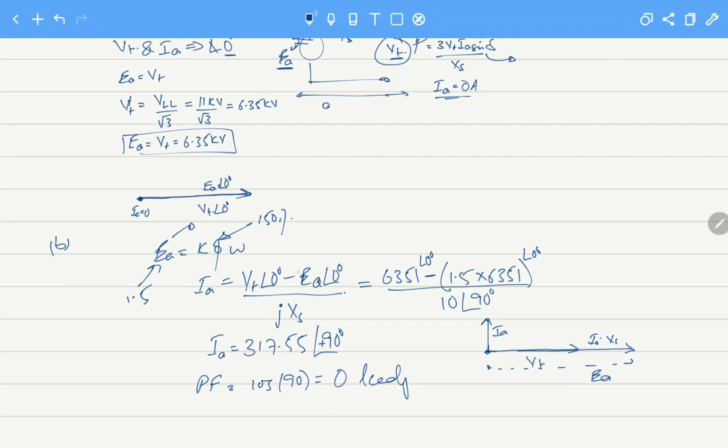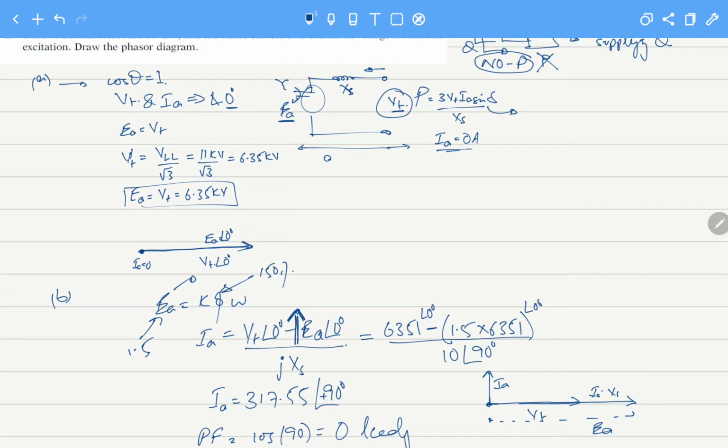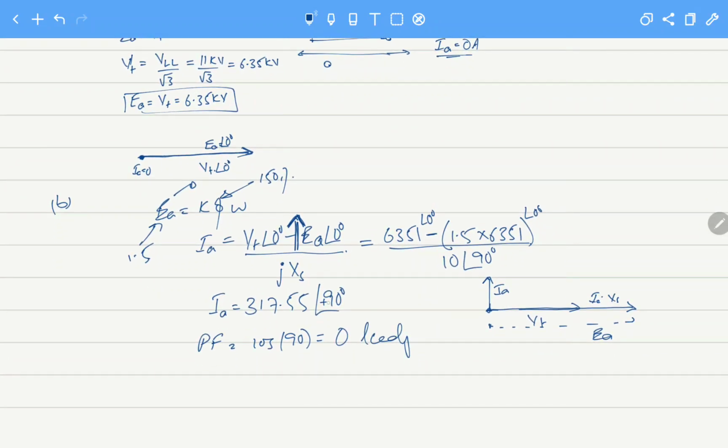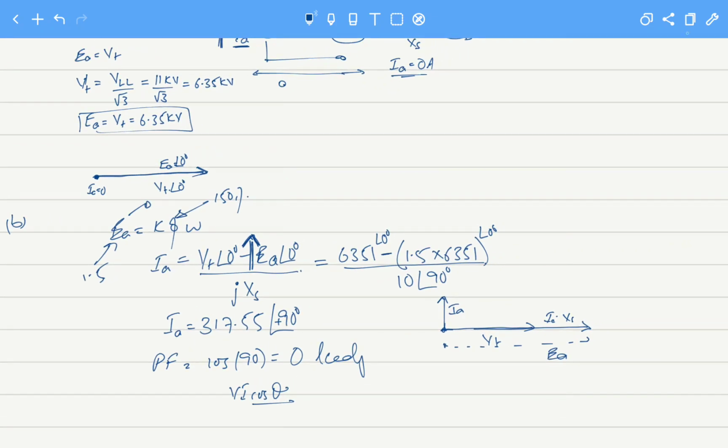We have increased Ea 150 times, so it is at a larger potential than Vt. So there is a flow of current, but at an angle of 90 degrees. That means still no real power is being transferred, because for real power we have the formula Vi cos theta. But there is reactive power being generated by the machine.